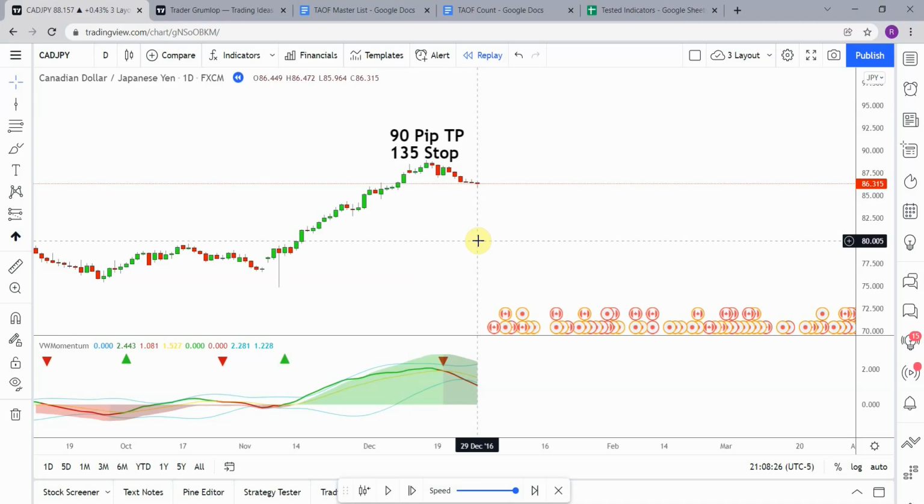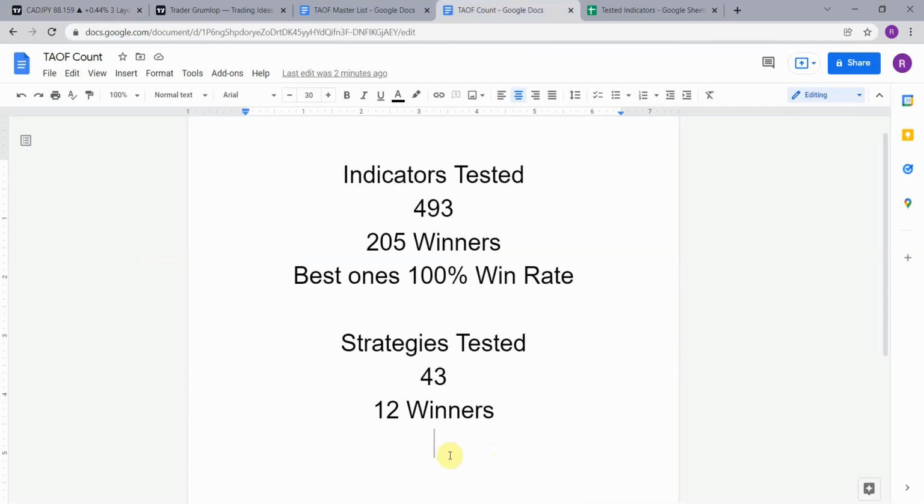Alright, as I said, today we will be testing the volume weighted momentum indicator. Before we do though, I wanted to put the testing scoreboard up for everyone to see. So to date, we have tested a total of 43 different strategies, with 12 of them being winners. We've also tested a total of 493 indicators, with 205 of them being winners.